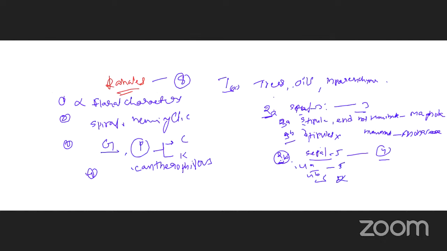So here the character is sepals 5 to numerous. Sepals 5, Dilleniaceae family. Sepals numerous, Calycanthaceae family. So like this we can classify, with the indented key, all 8 families. Magnoliaceae and the remaining families we will discuss tomorrow.